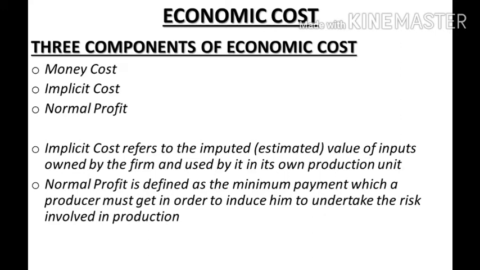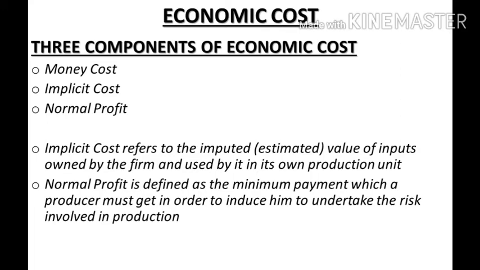Now normal profit is the minimum supply price, means it is the minimum payment which a producer must earn, that is over and above the cost. He must earn something more, that is minimum, in order to take the risk of business the next time, right?